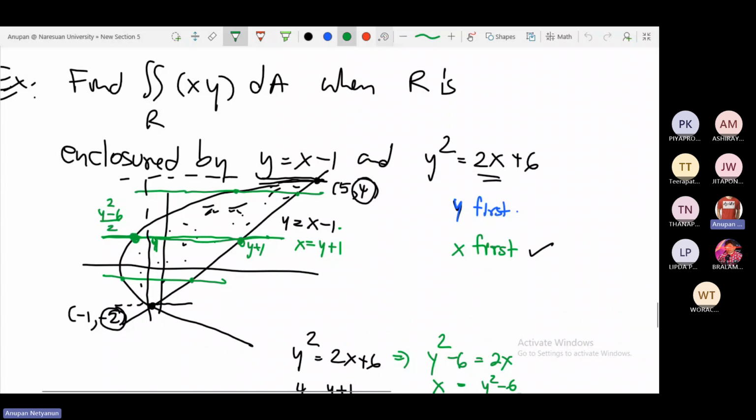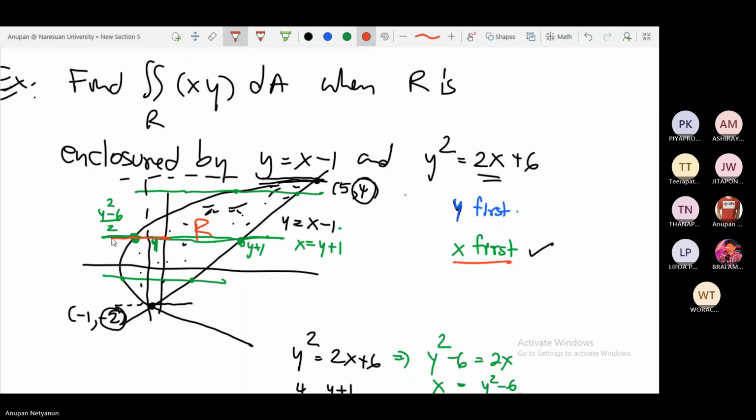For example, in this one, if you remember, when you draw the region, this is your region, right? If you want to integrate with respect to x first, your y is a constant, so we look at any constant y.